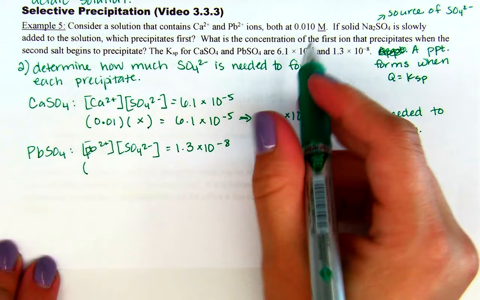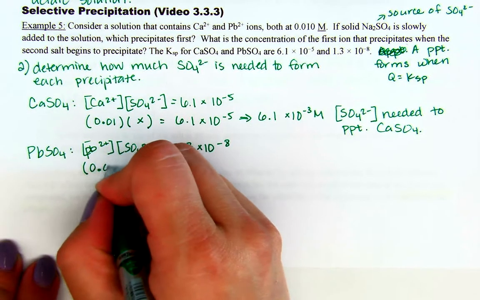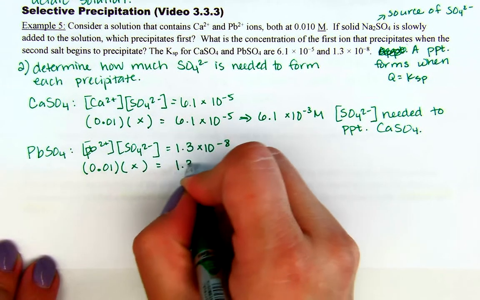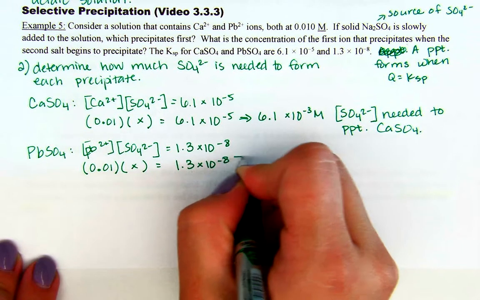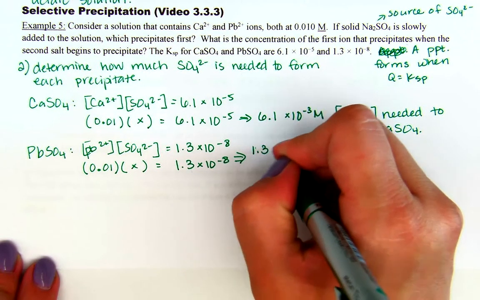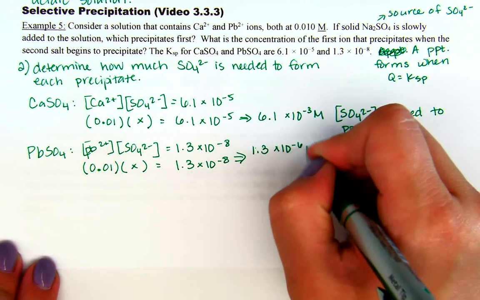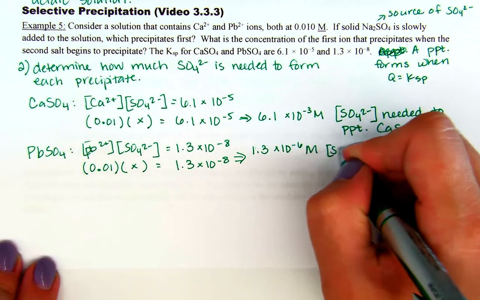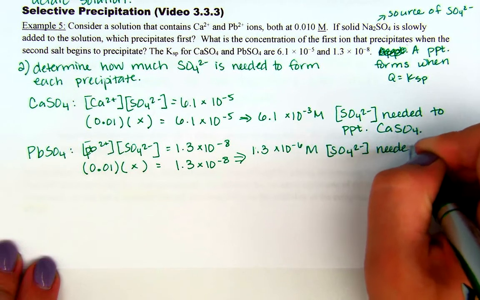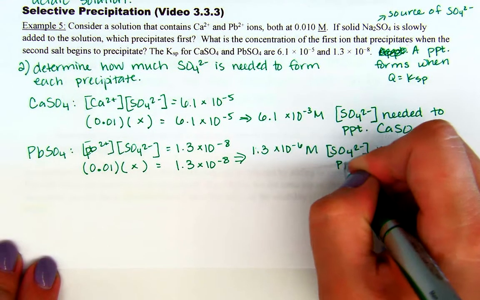So our lead we saw is the same concentration as our calcium up above. Plugging this into your calculator, you'll see that you get 1.3 times 10 to the negative 6 molar sulfate is needed to precipitate PbSO4.